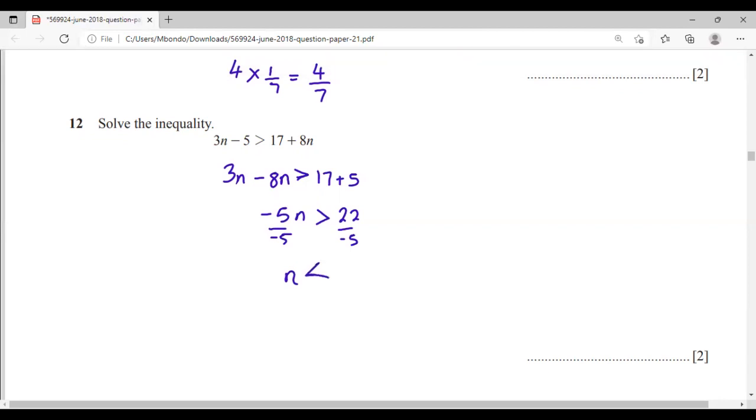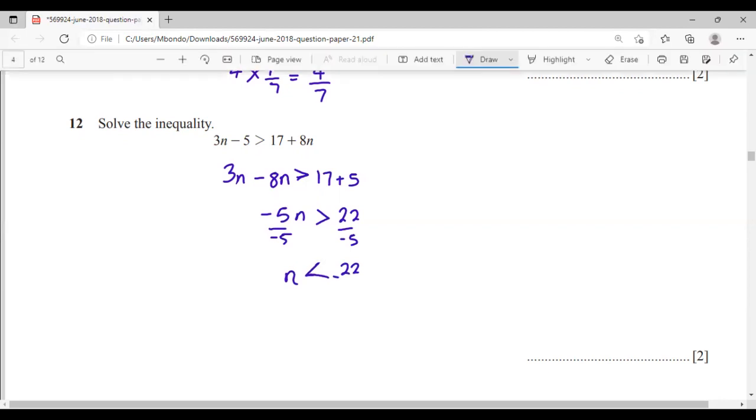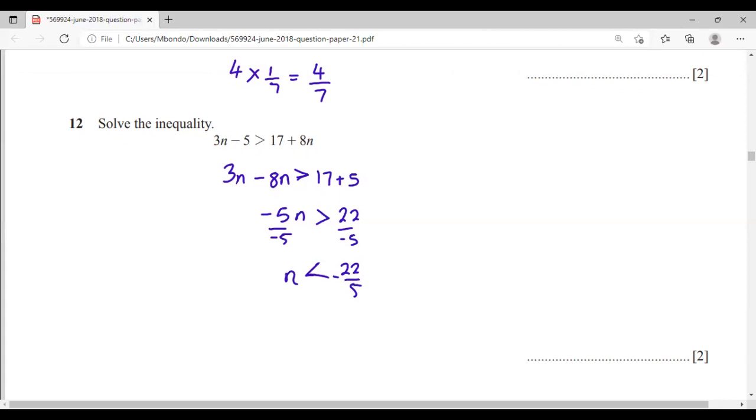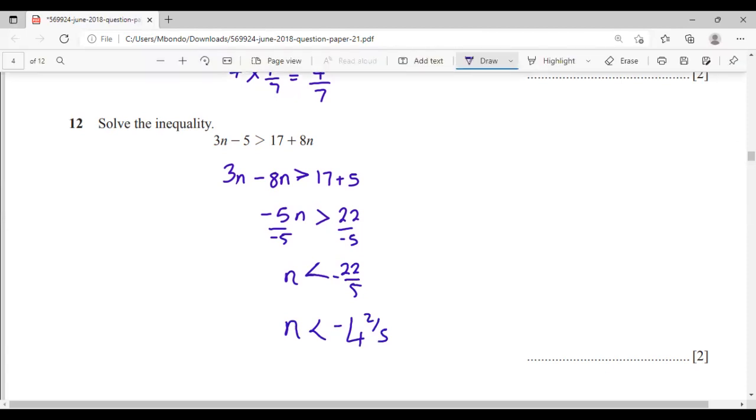N over negative over 5. You may need to change this, but I think even like this, it's okay. You can write it further as n is less than negative 4 and 2 over 5. Okay? Then let's see.